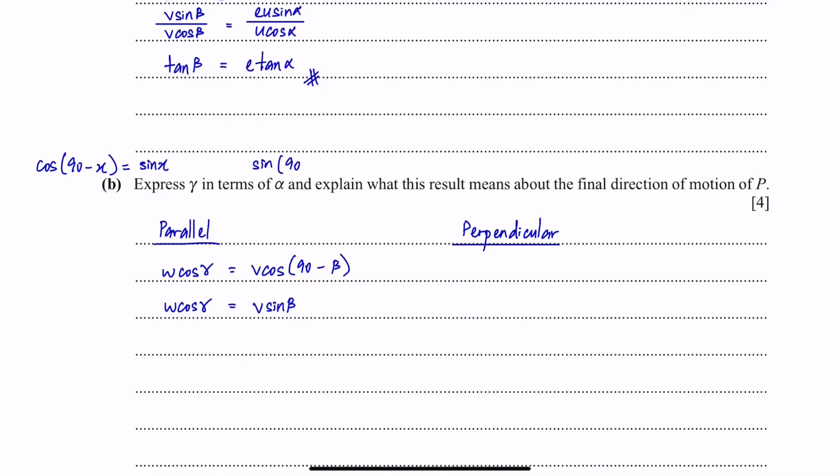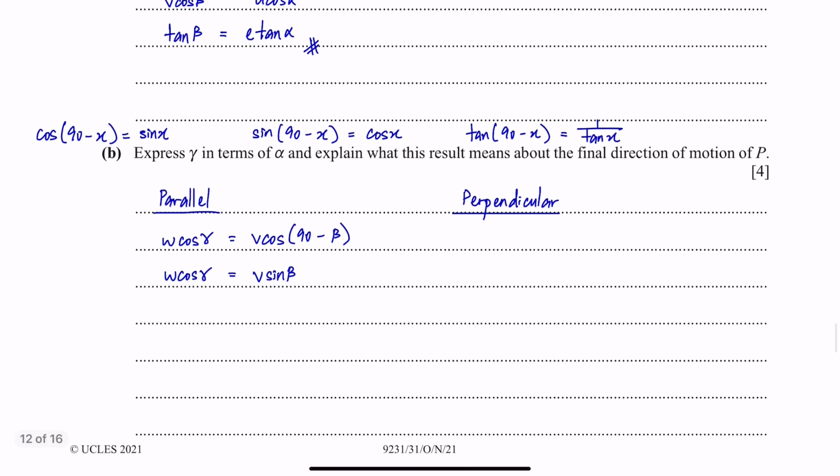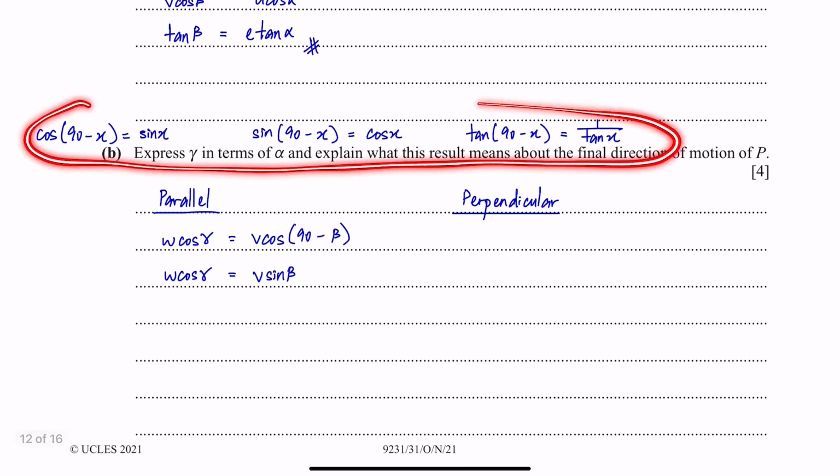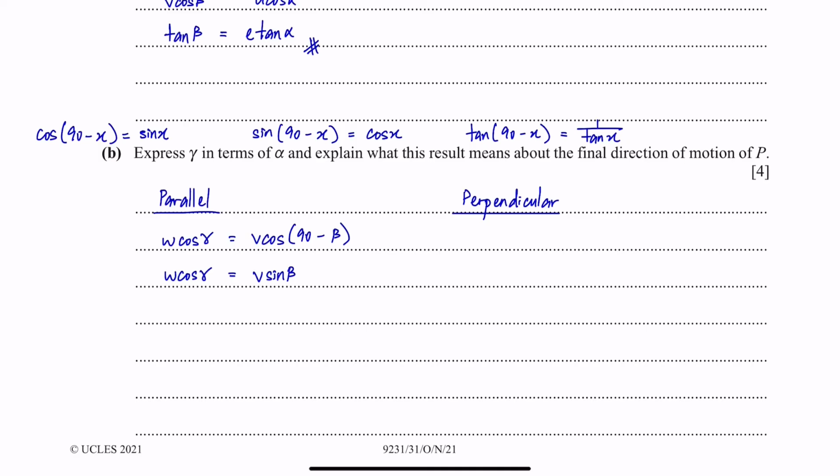Sine 90 minus x can be written as cos x. And tangent 90 minus x can be written as 1 over tangent x. These are the three formulas that we have to know in order to solve this question.